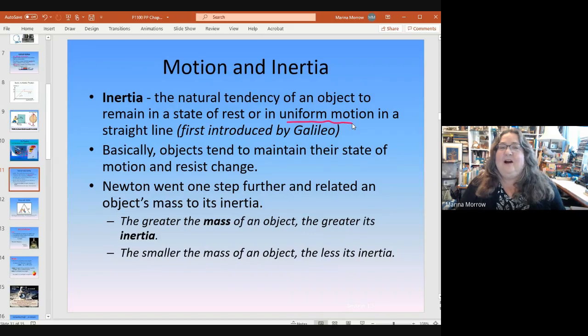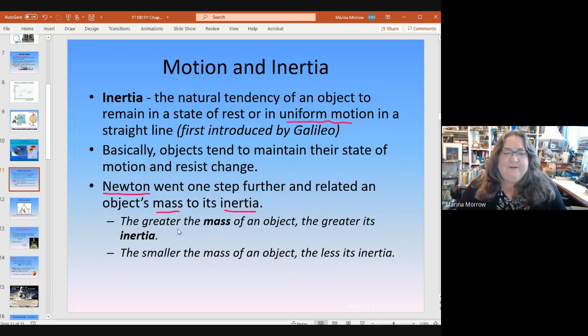It has a large mass. And so it's easy to stop a ping pong ball, but it's harder to stop a bowling ball. And that's because a bowling ball has more inertia. And Newton took Galileo's ideas and he related mass to inertia.